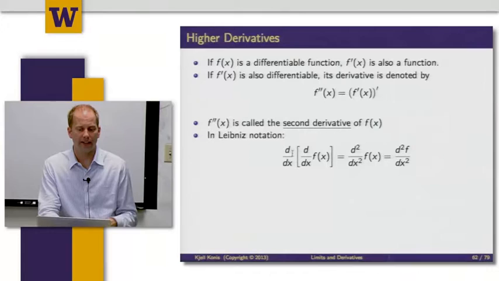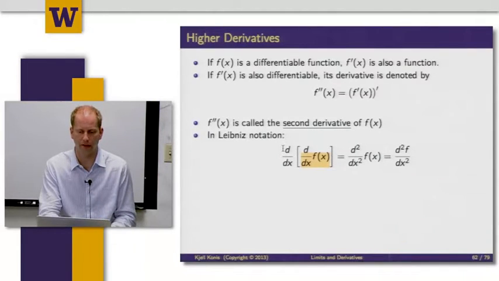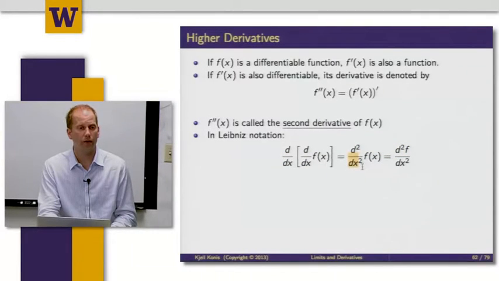I can also write it in Leibniz notation. I take the first derivative of f of x, think of this thing in the square brackets as a function, and take that function's derivative one more time with respect to x. I can write d squared over dx squared to mean take the second derivative in one step.